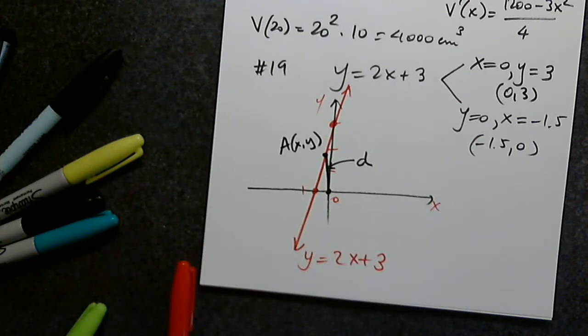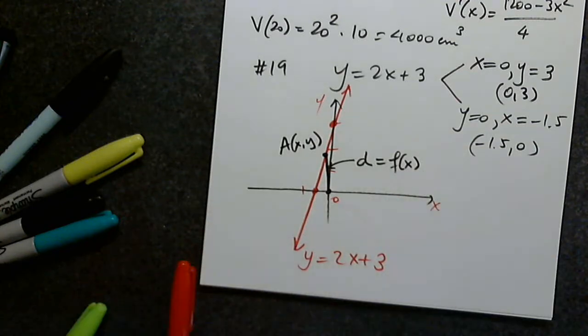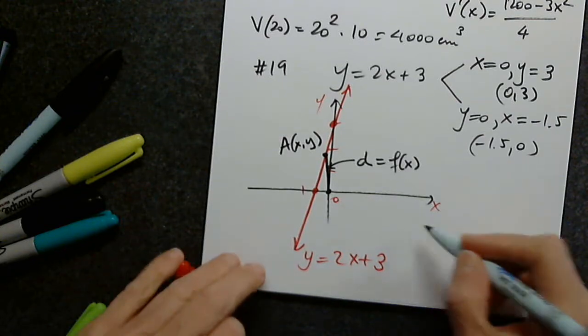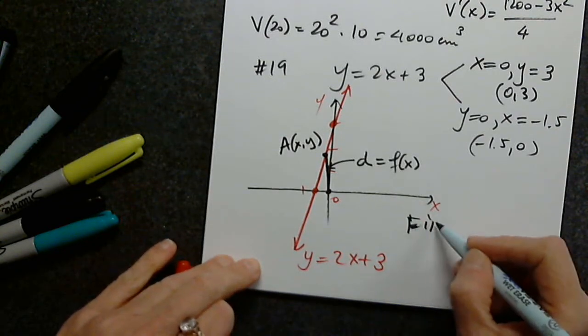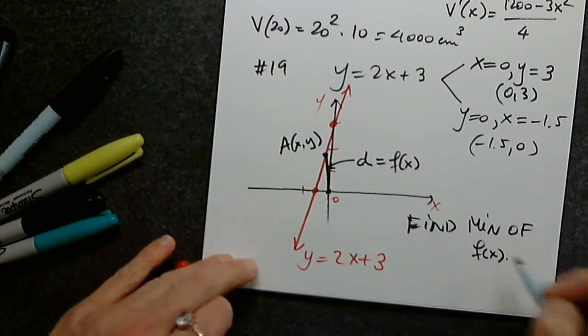I'm going to call it f of x. And what am I asked to find in this problem? The shortest distance, which means in terms of minimum, right? So we want to find min of f of x.